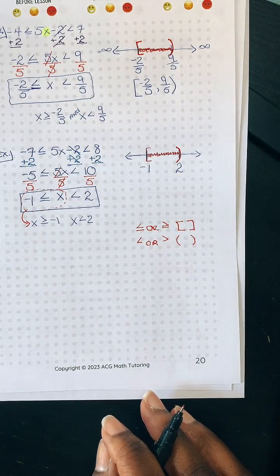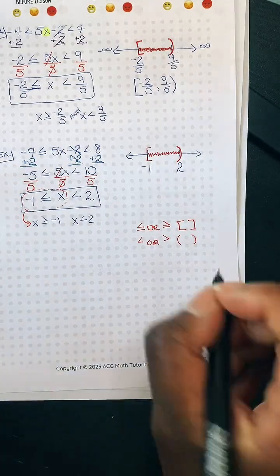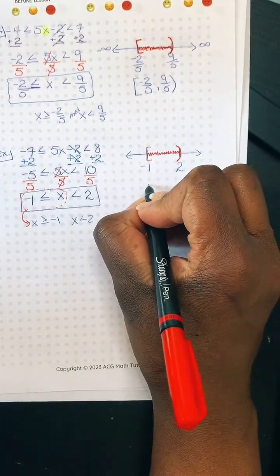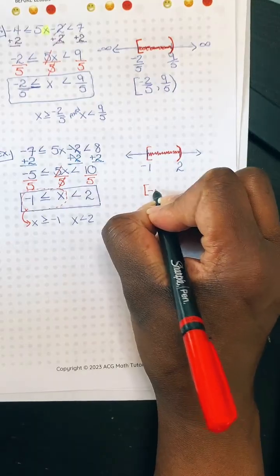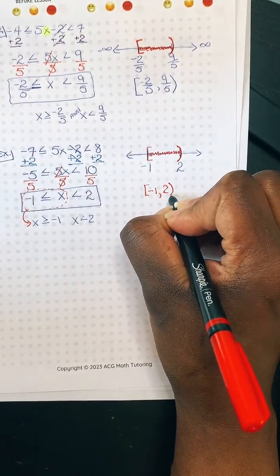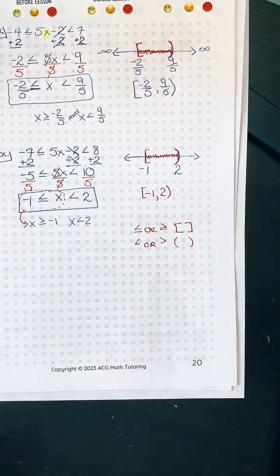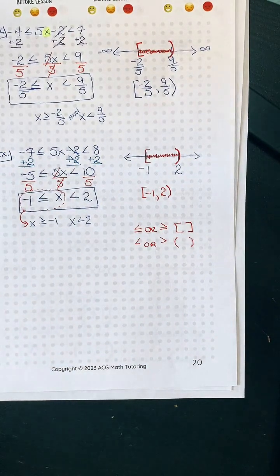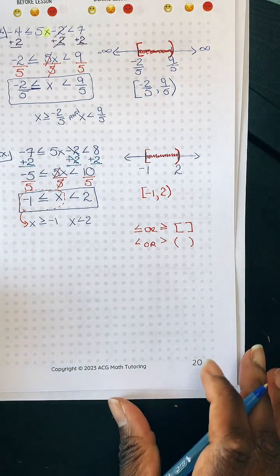Okay. All right. So interval notation, that means we're looking at -1, 2 with a parenthesis. Okay.